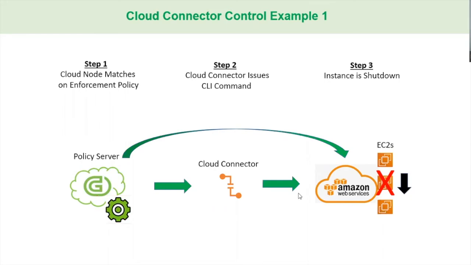So the automation and the integration with cloud service providers is key in any solution you look at to help you secure cloud environments, especially if you're looking for a third-party solution outside of your cloud environments. It needs to be able to integrate and automate this kind of functionality.